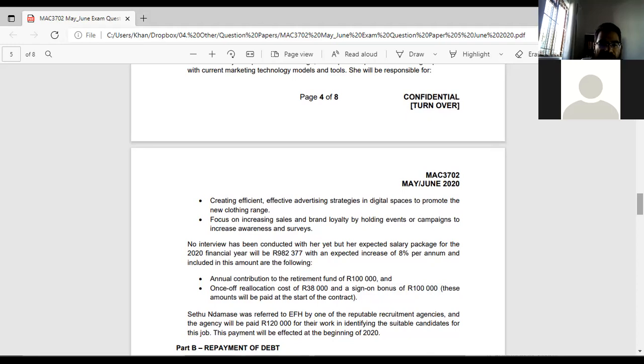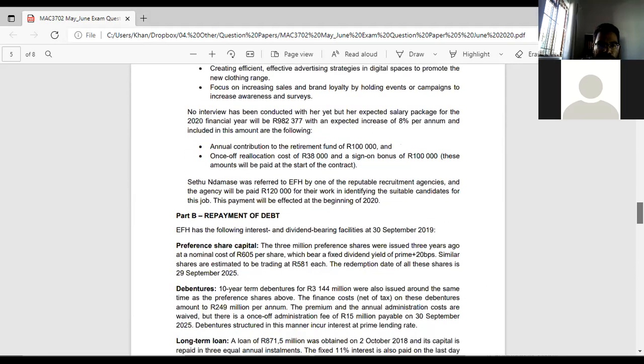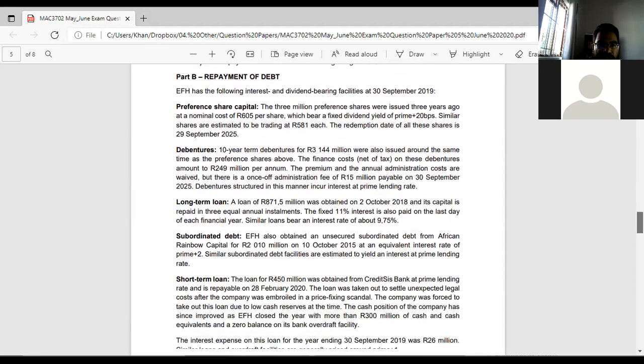These amounts will be paid at the start of the contract. Sethu was referred to EFH by one of the reputable recruiting agencies, and the agency will be paid 120,000 Rand for their work in identifying the suitable candidate for this job. This payment will be effected at the beginning of 2020. Okay, so let's have a look.